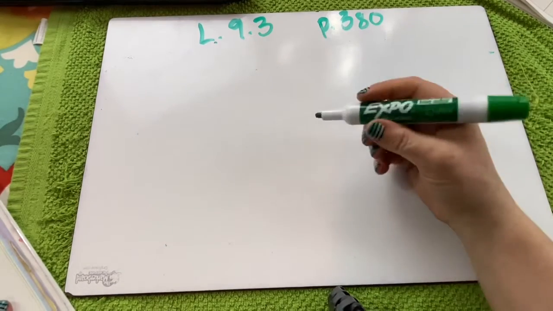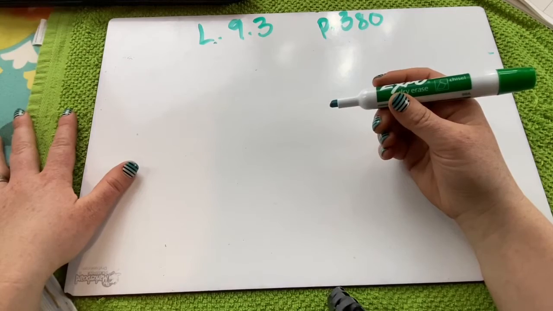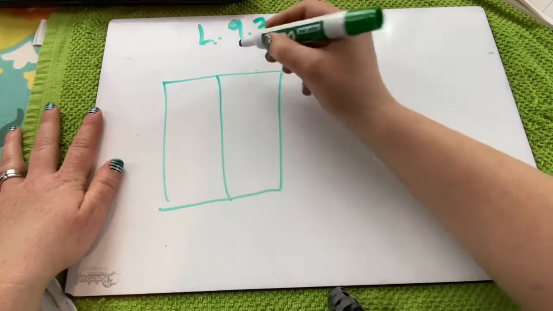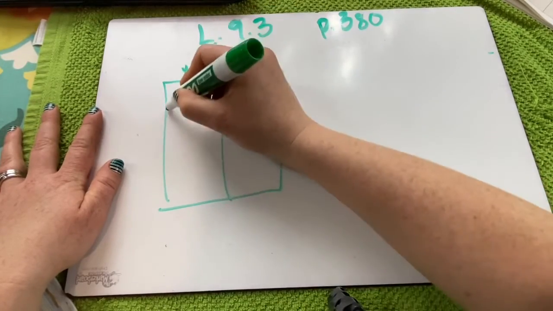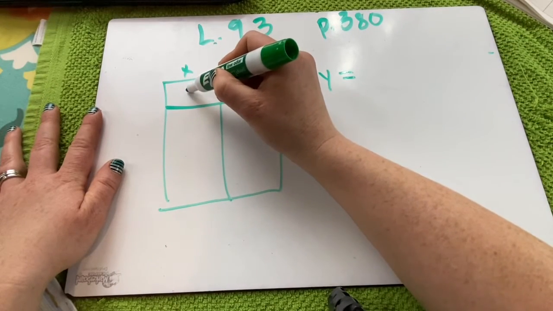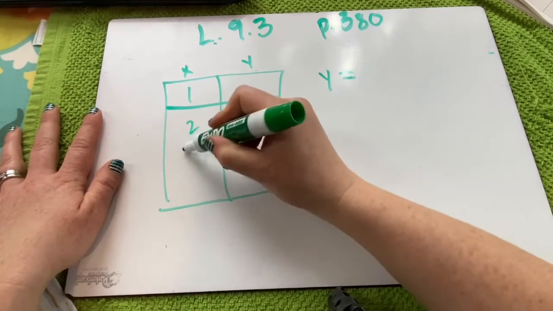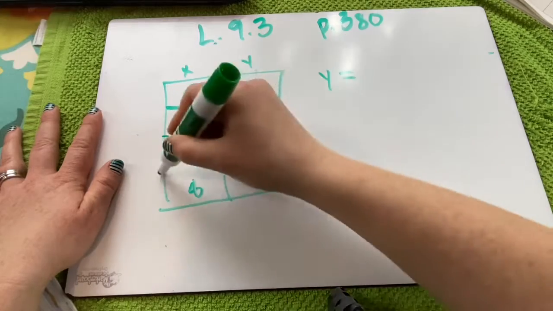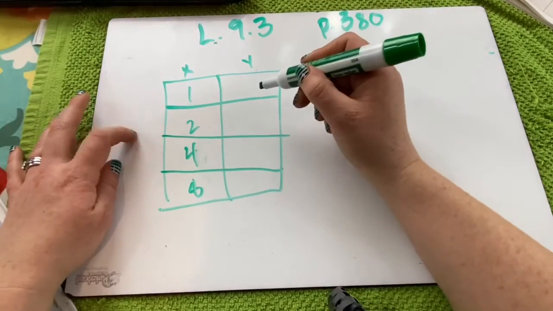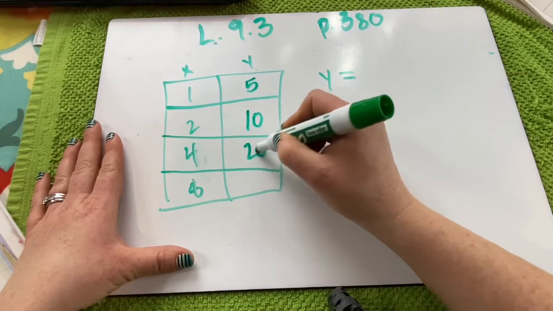Okay, going on to the next page for our next step. It says, which function shows the rule? So we have to figure out, so they give us this box, okay? These are the outs, these are the ins. Now remember, we want our function to say y is. 1, 2, 3, and 1, 2, 4, 8. It doesn't matter how those move. Okay, so 5, 10, 20, 40.